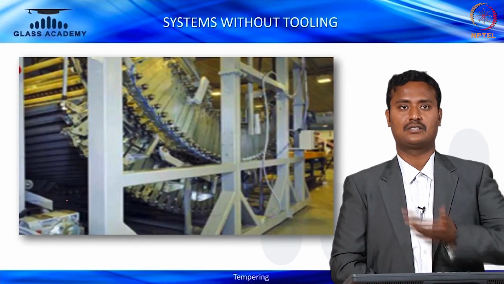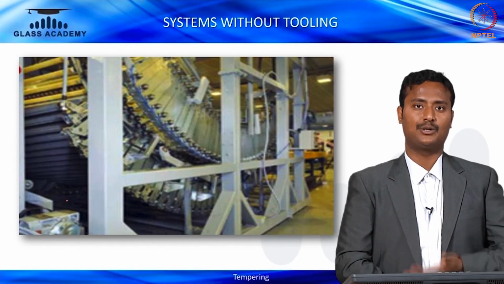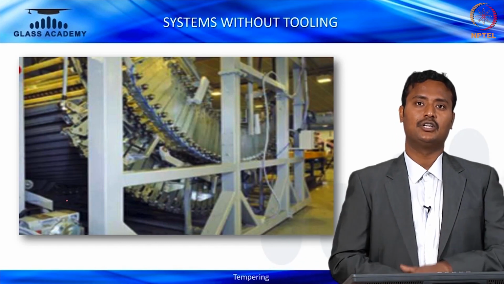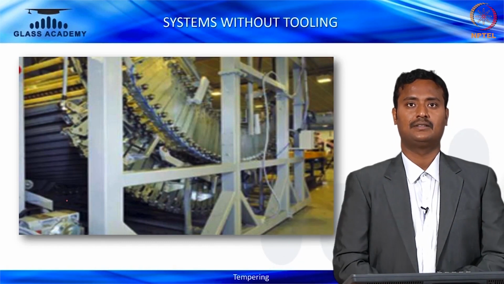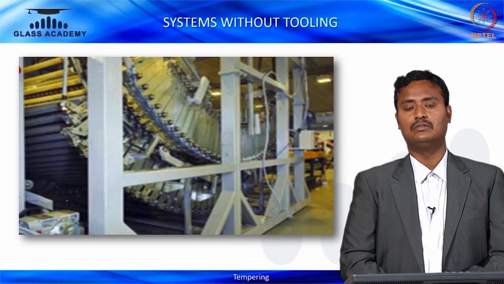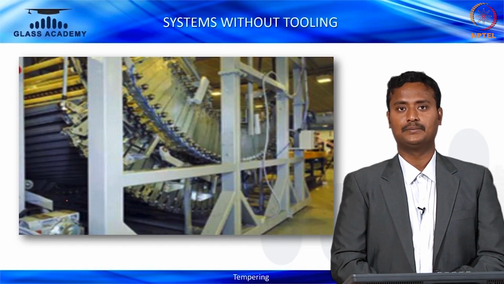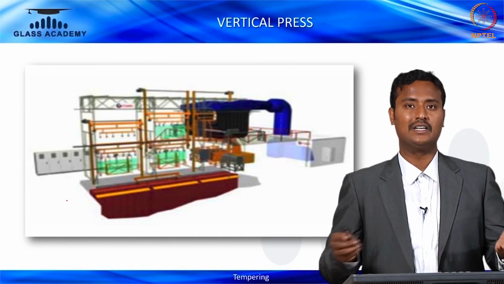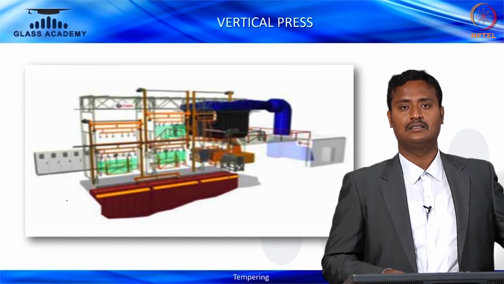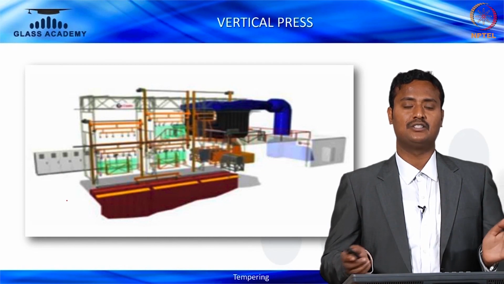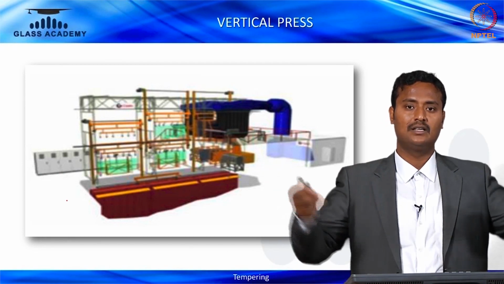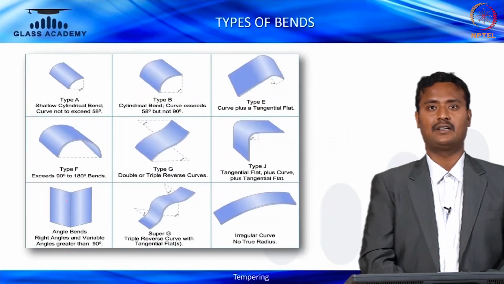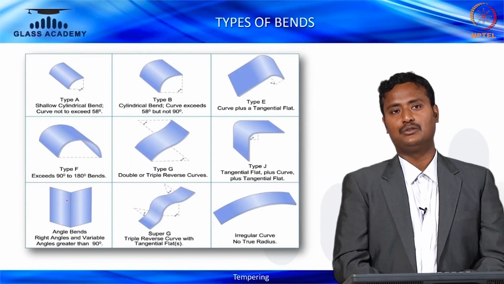You see the fixtures are completely not flat; depending upon the radius, the complete portion of your chiller changes. This is the system without tooling, and this is the vertical press. So the bending takes place vertically instead of horizontally. This is the schematic diagram.